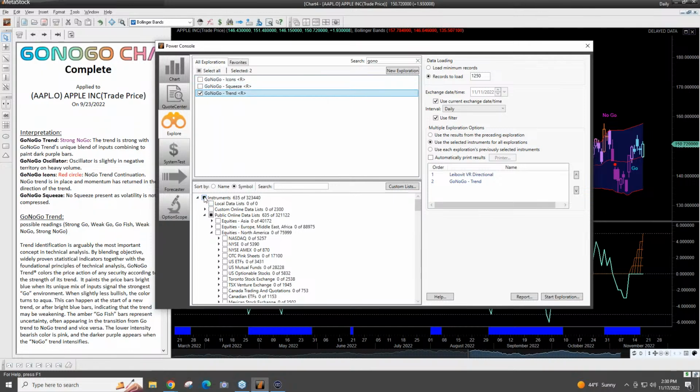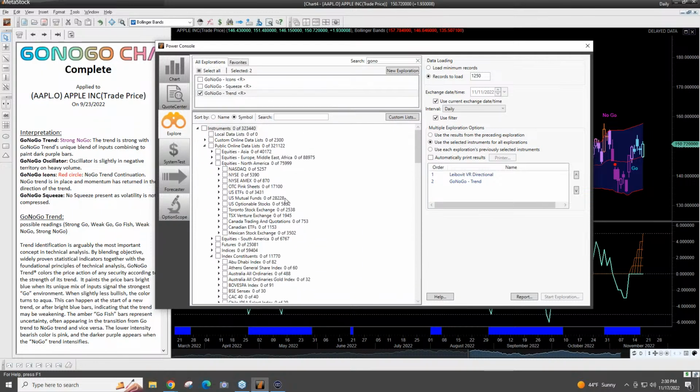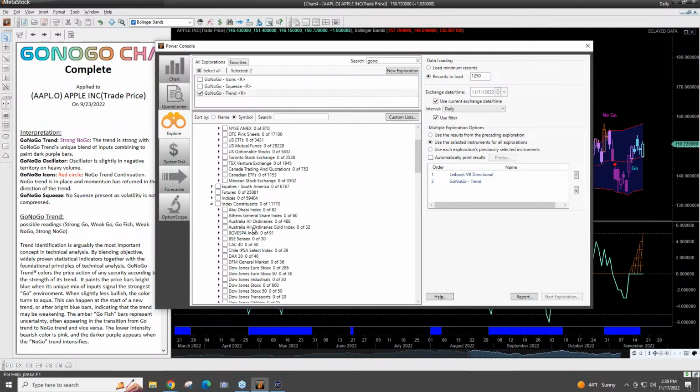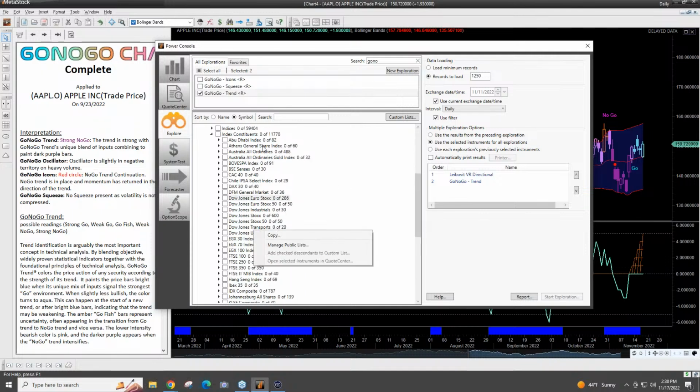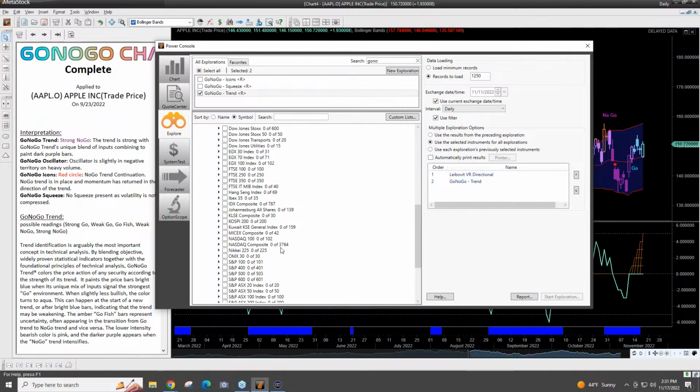I'm going to go ahead and do kind of a shorter list. So let's see. Scroll down to the indices. Sorry, index constituents. Okay, so I'm going to go ahead and do the S&P 100. And then I'll do the NASDAQ 100. So that should give us enough.